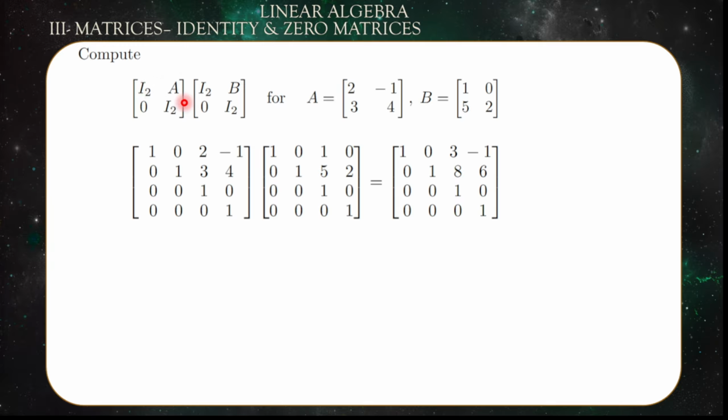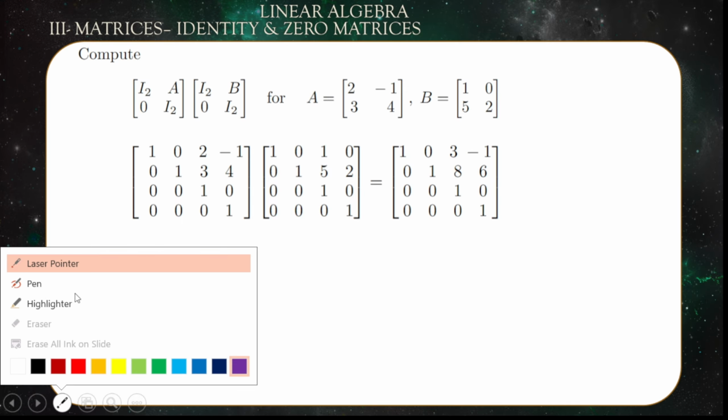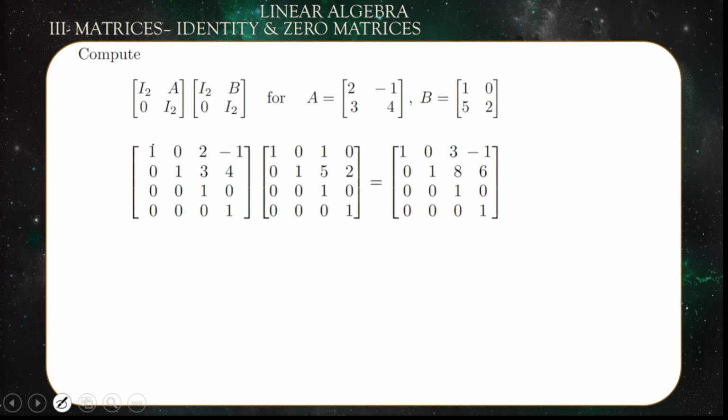To the left, this is the first identity matrix of size 2 by 2, which is 2 rows, 2 columns. And this is A here, which is 2, minus 1, 3, 4. You have another identity matrix on the lower end, which is 1, 0, 0, 1. And of course, what remains would be 0.